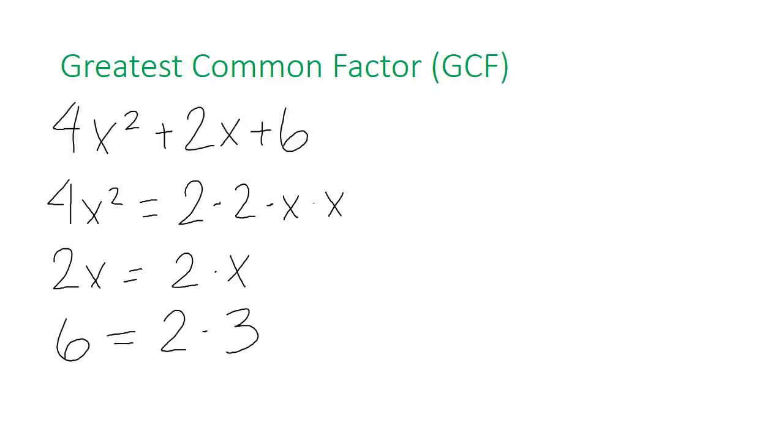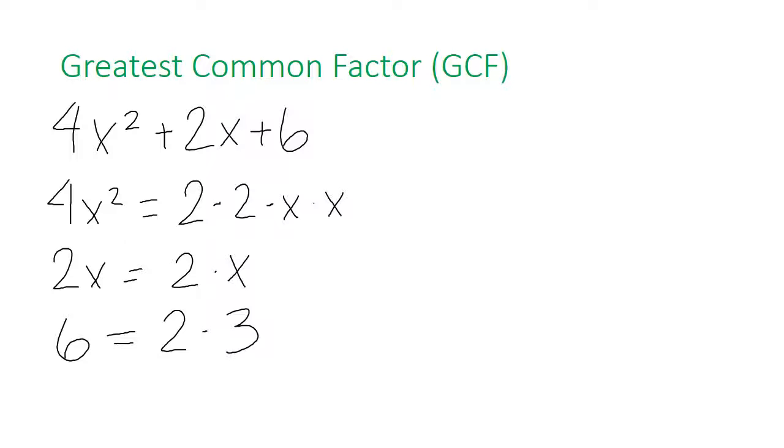Now, based on our three terms, we can find the greatest common factor. For the first term, we have 2 times 2 times x, and the second one we have 2 times x, and the third one is 2 times 3.